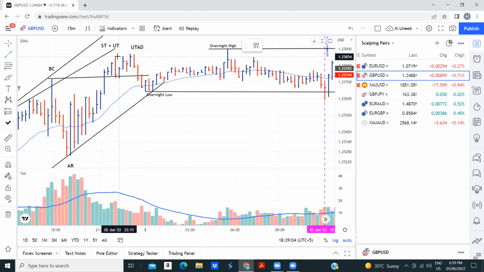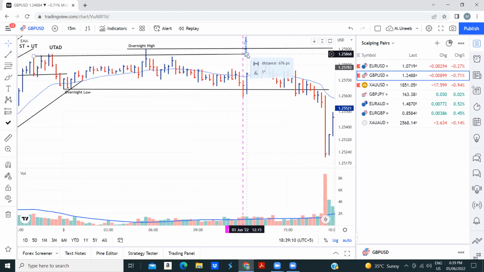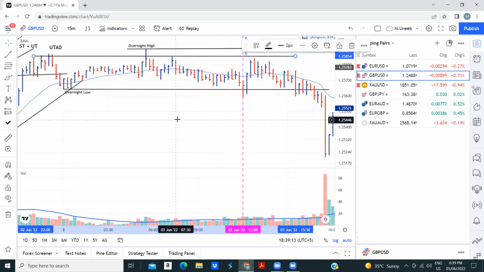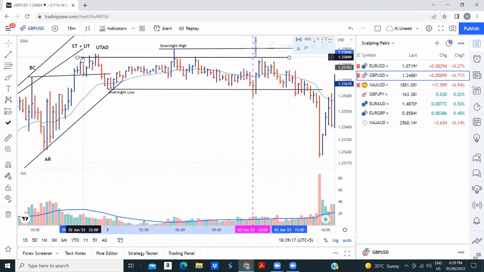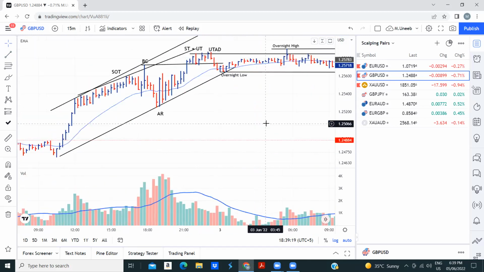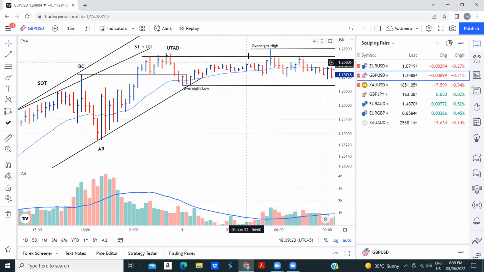So we can draw another line here just before London Open, right? Because if this is UT, then we can draw another line here after the secondary test. So what do you notice about this? Can you tell me? This UTAD, right? This is what?